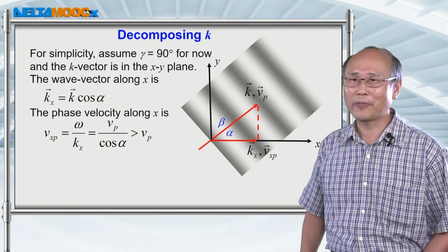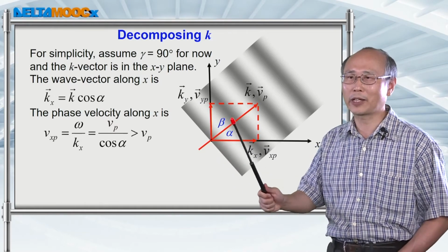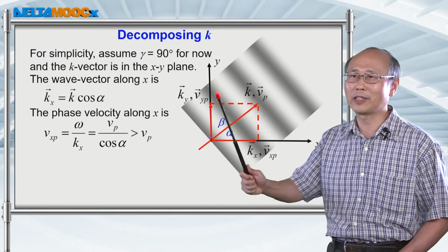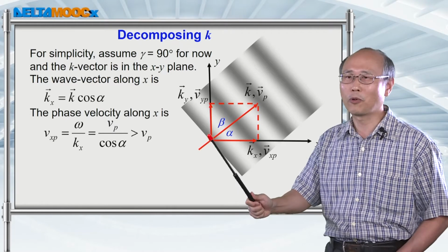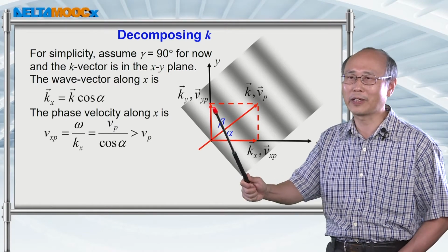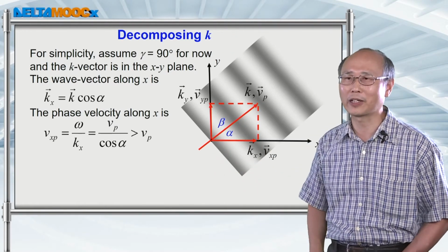And same thing, you can look into the phase velocity along the y direction if you project this k along the y direction. Then there's a phase velocity going this direction because there's a wavelength along this pattern. The wavelength is basically the periodicity of this pattern along this direction.